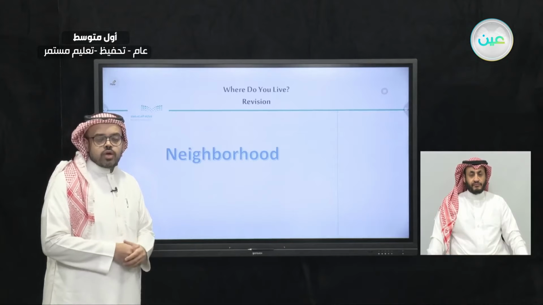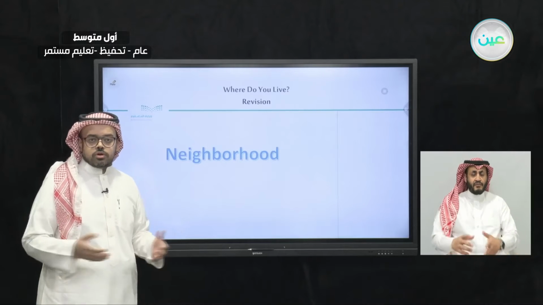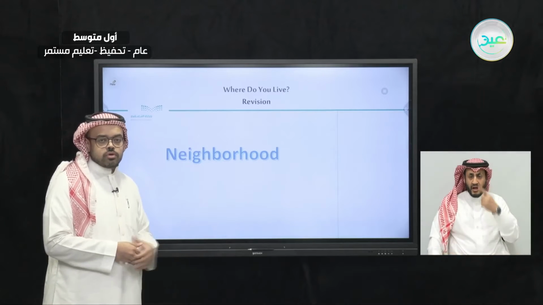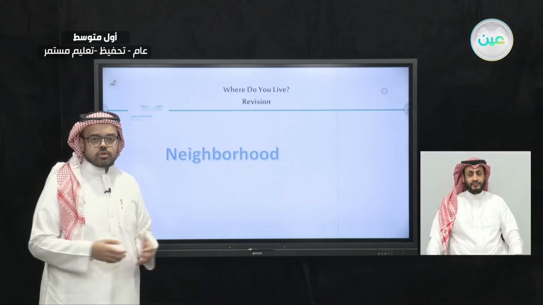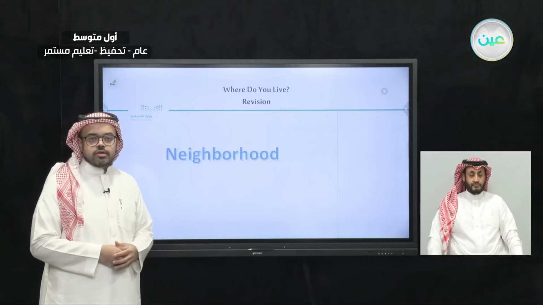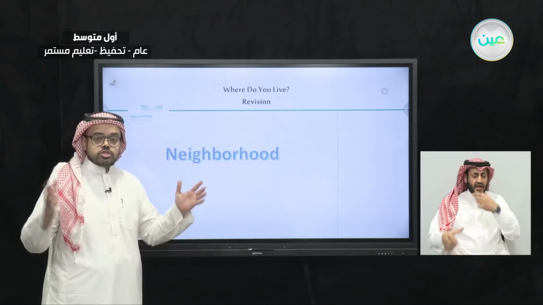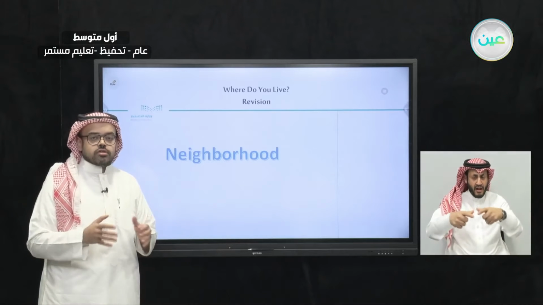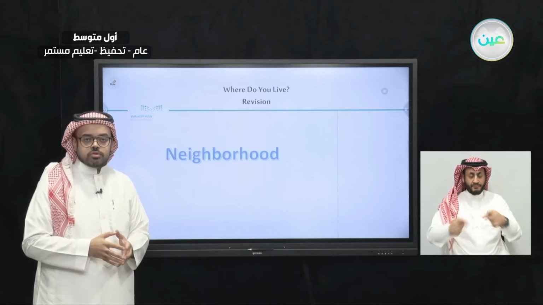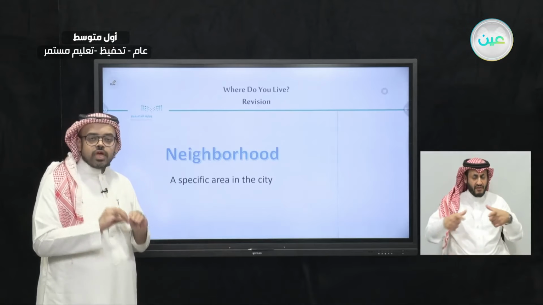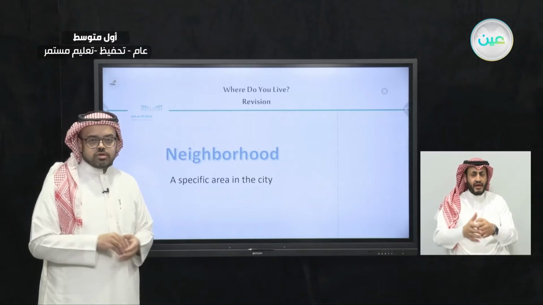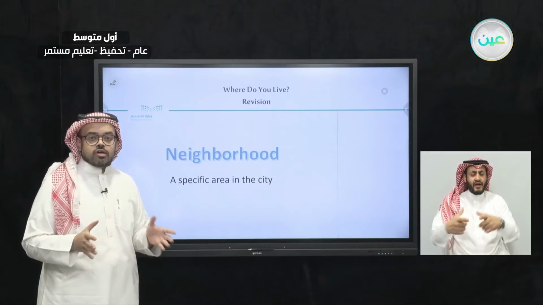Last lesson, we have been introduced to a new word which is called neighborhood. What did we say, if you remember, the meaning of neighborhood? Excellent. Yes, we said that in each country there are cities, and in each city there are neighborhoods. And this is what we mean by neighborhood: a specific area inside the city.